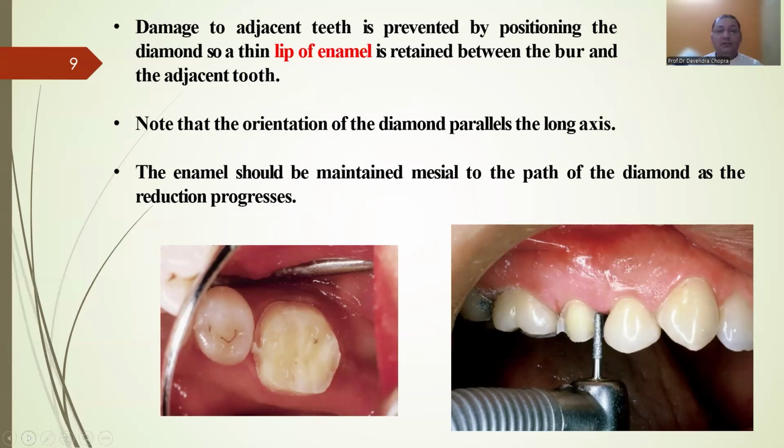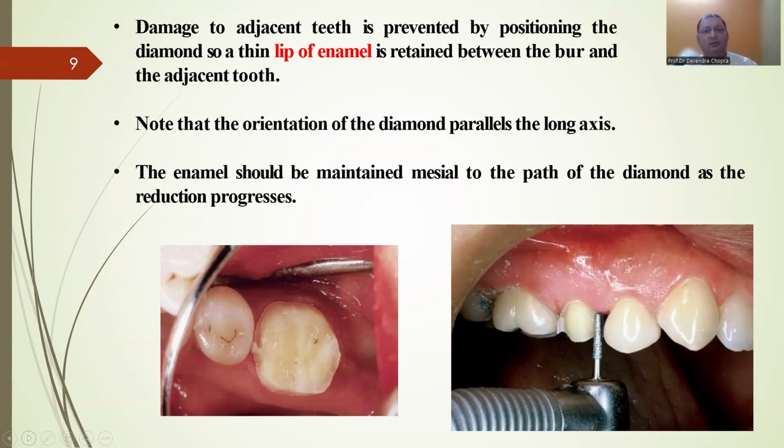Now, damage to the adjacent teeth is prevented while you are doing the preparation. You might have encountered, you know, actually you are working on a rotary device which is giving you 1 to 1.5 lakh of RPM. Guys, please take a pause. Here, what you have to do, you have to go with low torque handpieces if you are a beginner.